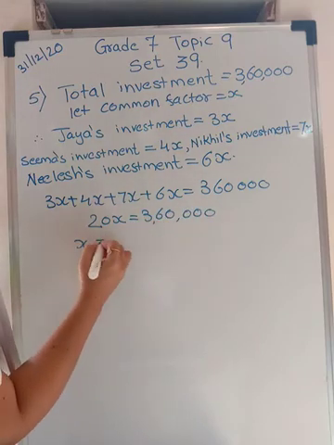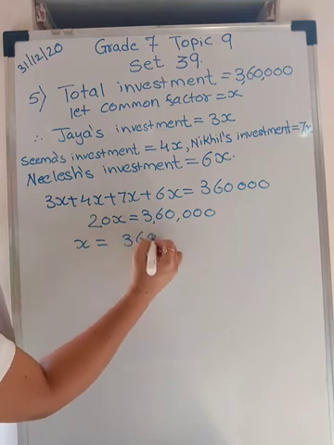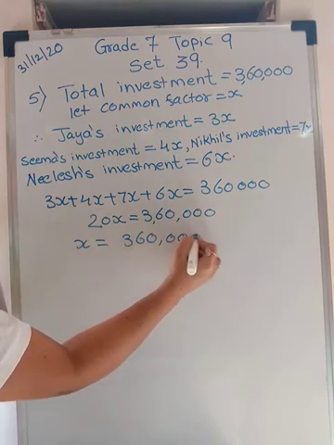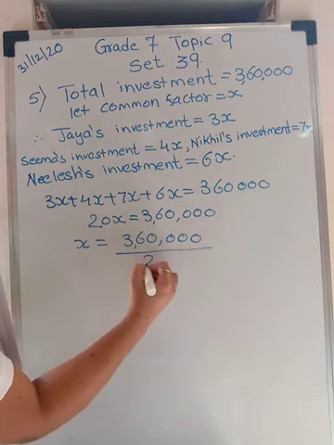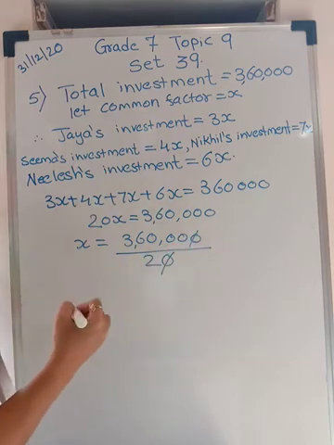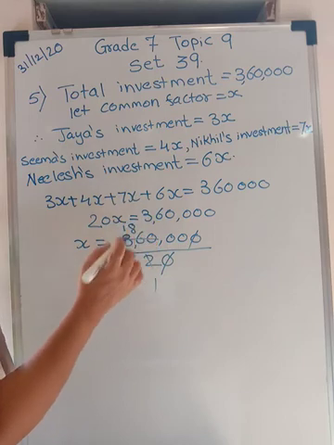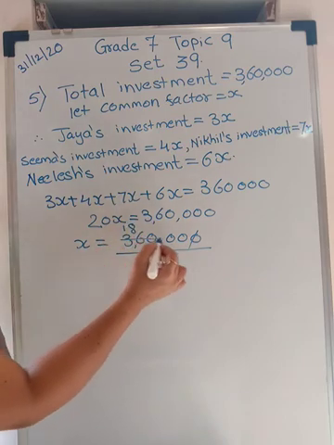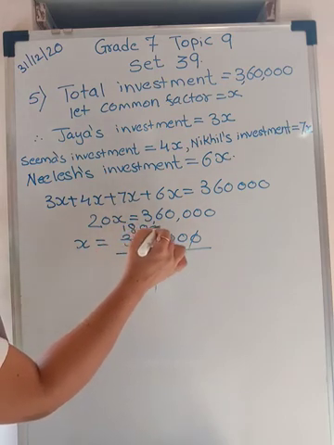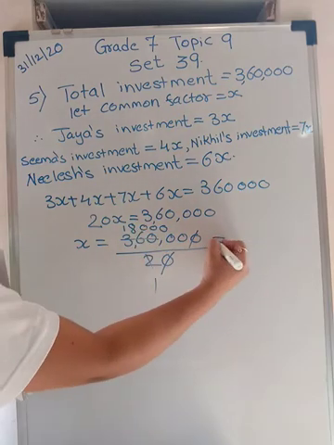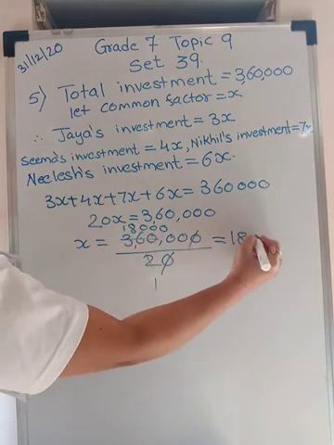So x will be equal to 3,60,000 upon 20. 2 gone, 2 1s are 2, 2 8s are 16, 18 2s are 36 and 3 zeros. So x is equal to 18,000.